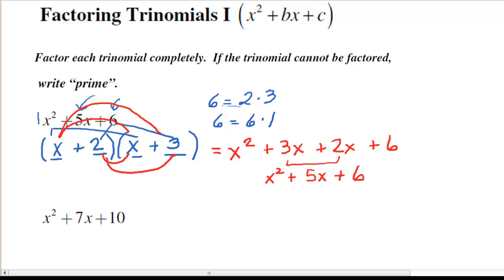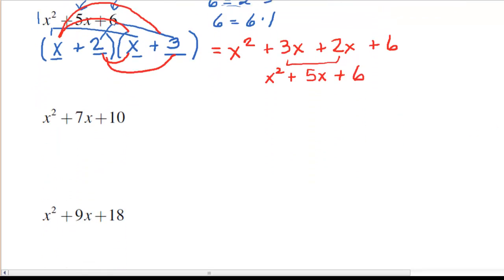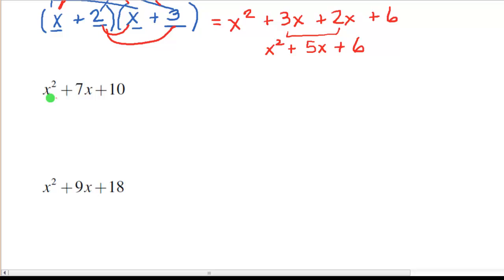All right, let's try another one. You're going to get the hang of this. We've got x squared plus 7x plus 10. Again, we're going to put parentheses here and here. Two monomials that multiply to x squared, so that's x and x. The leading coefficient here is 1, so our last term is a positive 10 and our middle term is a positive 7.